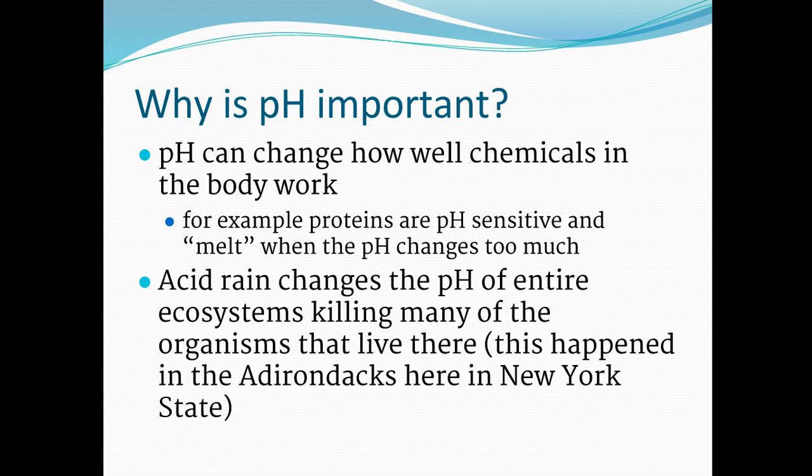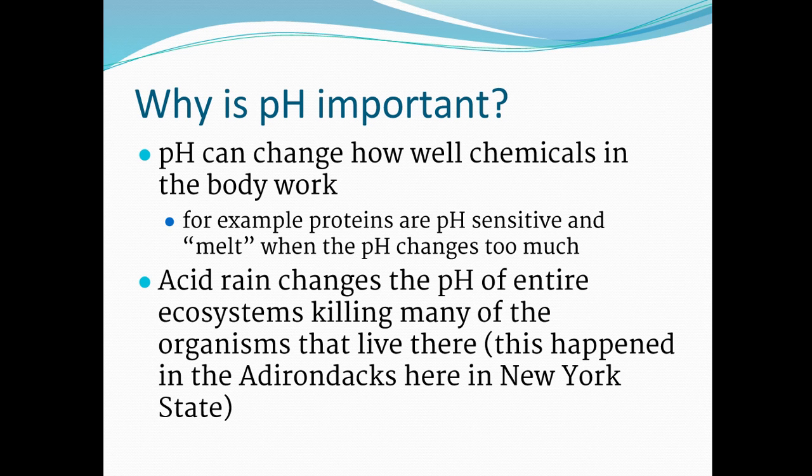Acid rain, kind of looking outside ourselves, acid rain actually changes pH of ecosystems. So beyond just individual organisms, we're talking about large areas. One of the most prominent examples of this is in the Adirondack Mountains, right here in New York State. The Adirondack Mountains were greatly affected by acid rain as a result of a lot of the manufacturing that went on in Michigan.